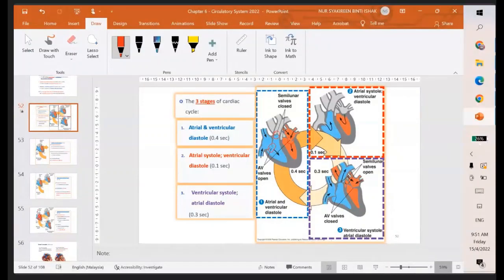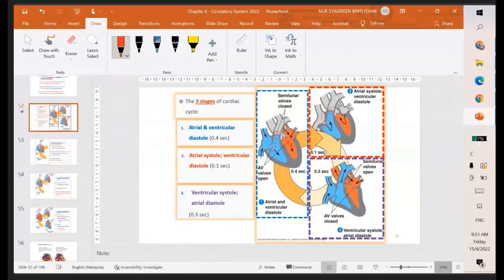So you have to know which chambers relax and which valve open and close. Sama juga macam stage yang kedua, bila atrium contract, obviously the AV valve needs to remain open. Sama juga dengan semilunar valve ni also needs to remain closed. Okay, so sama juga condition valve tu, tapi yang akan contract only the atrium, so that all the blood in the atrium will be collected in the ventricle.